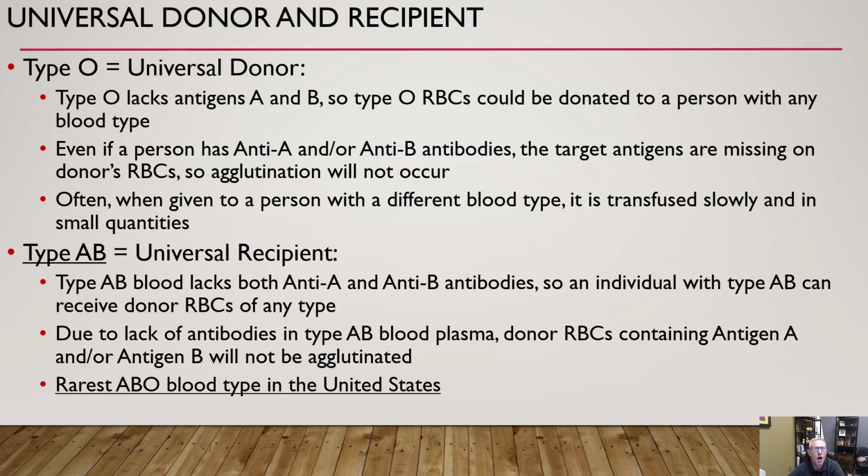All right, so we have these things called universal donors and universal recipients. Universal donors are type O blood because they lack any type of antigen on their red blood cells. They don't have the antigen A or the antigen B. So type O blood can be donated to anyone.